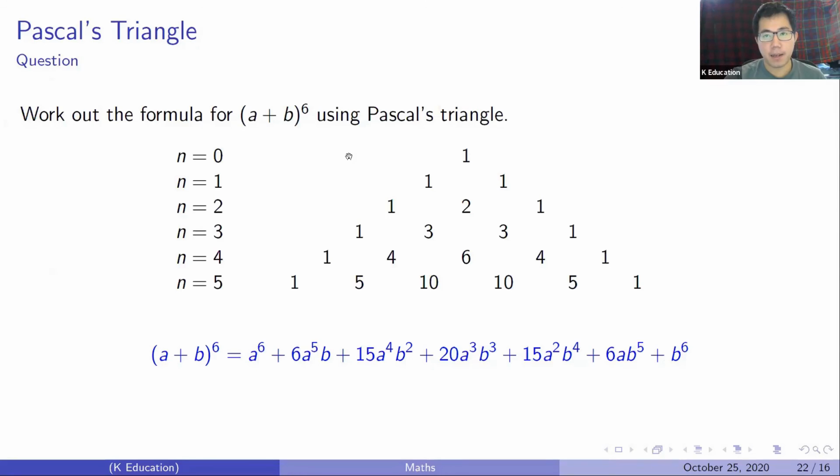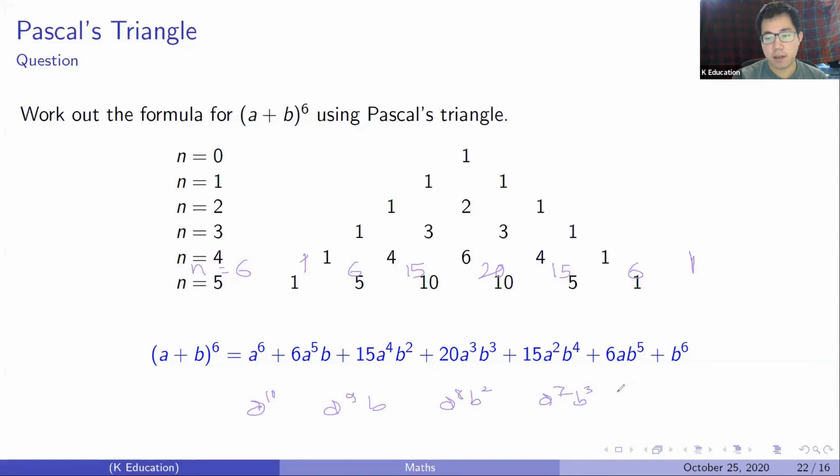And again, remember, here we're only looking at the numbers, but they are attached to some algebraic terms like this. So the whole point of this is to make you see that if you want to do a plus b to the power of 10, which you might one day, then instead of multiplying everything out 10 times, all you do is start at a to the 10, then a to the 9 b, a to the 8 b squared, a to the 7 b cubed.